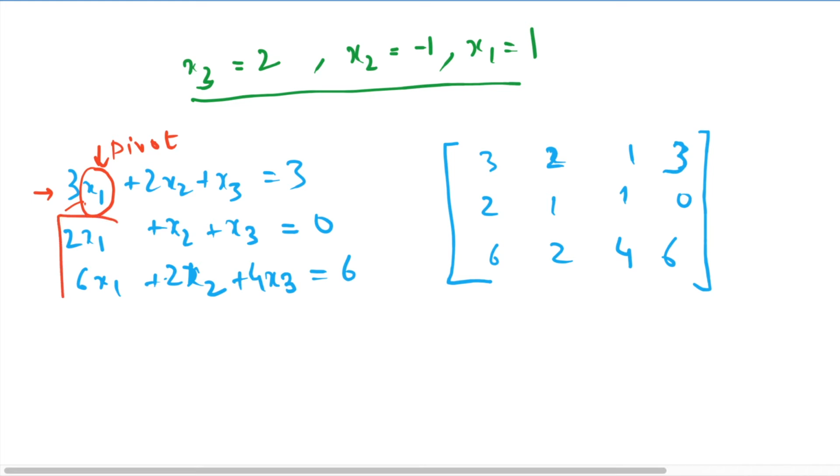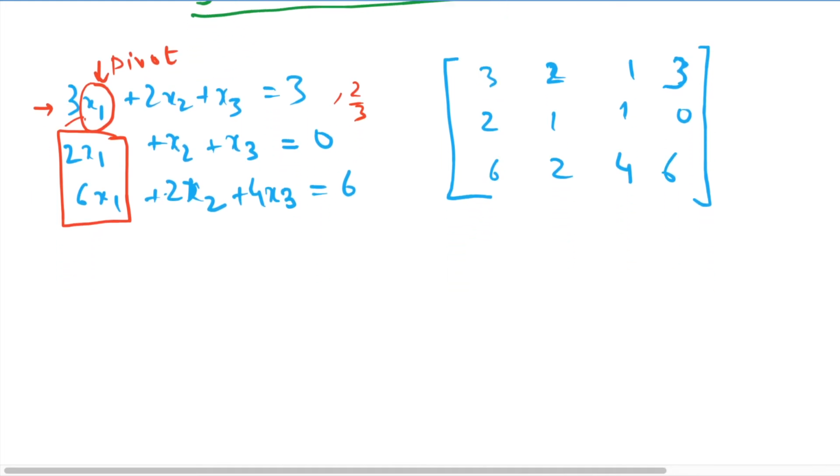So we are going to eliminate these two elements here, and the way to do that would be by subtracting 2 by 3 times the first equation from the second equation, and 6 by 3, that is equal to 2 times the first equation from the third equation. All right, and this will give you the following system.